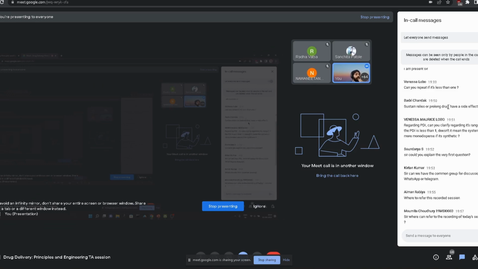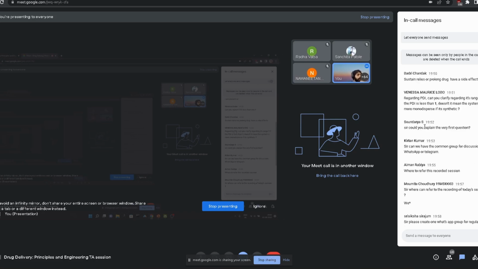Generally, the goal is to have the same amount of side effects or way fewer side effects than what's normally taken. And generally, people observe that sustained release or prolonged release drugs have fewer side effects compared to normal drugs.